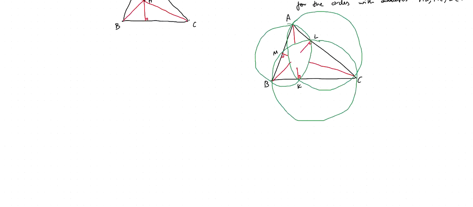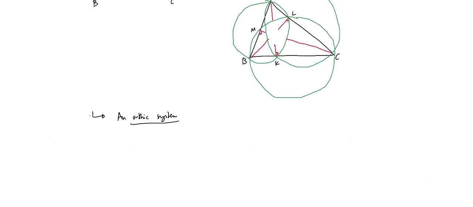An orthic system, well, just learn about the concept, but the name may not be standard. In different textbooks, they can give different names to this. An orthic system consists of 4 points A, B, C, D, such that when you join any two of them and the other two of them, they are orthogonal.